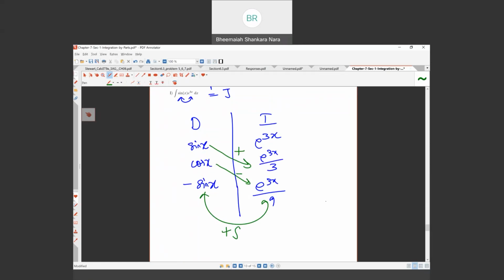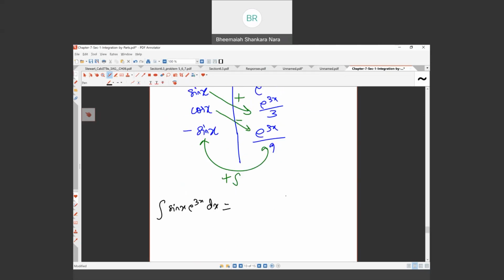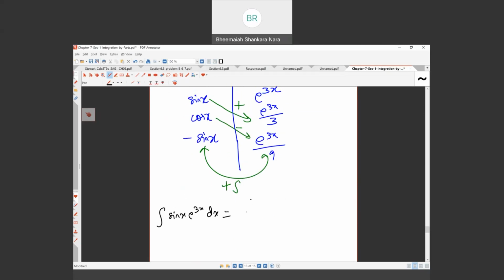So let me write, the term we are asked to integrate is sin x e to the 3x dx. So from the table, we know what terms to multiply. So let me multiply sin x e to the 3x divided by 3, negative cosine x e to the 3x divided by 9, and then the last two terms, negative 1/9 sin x e to the 3x dx.